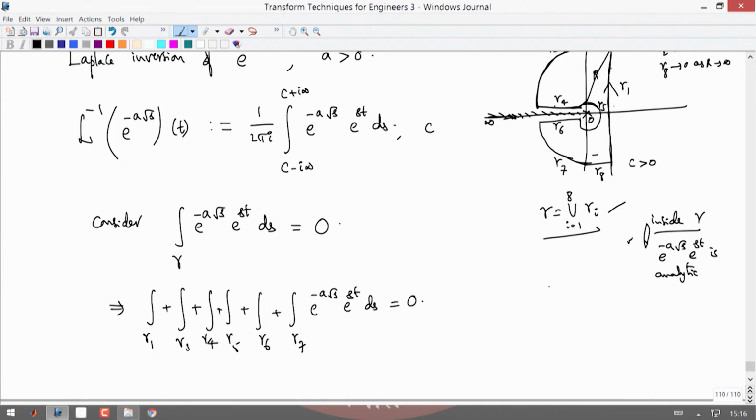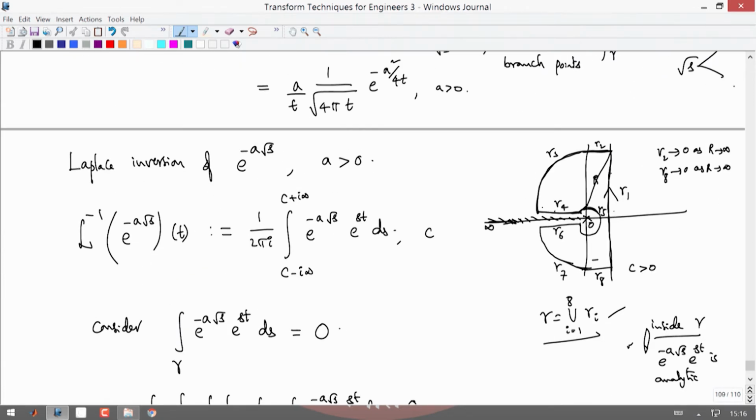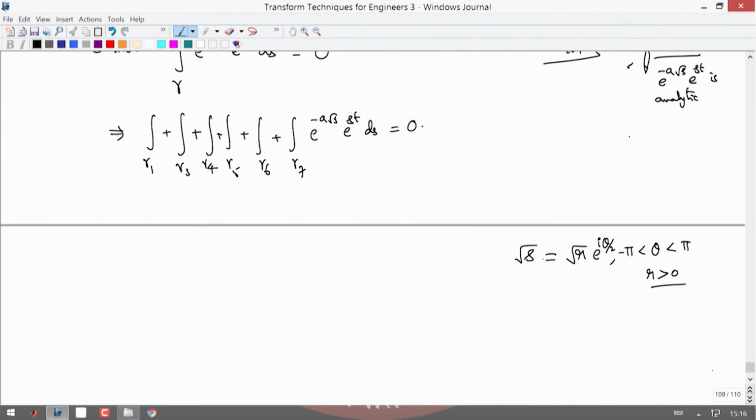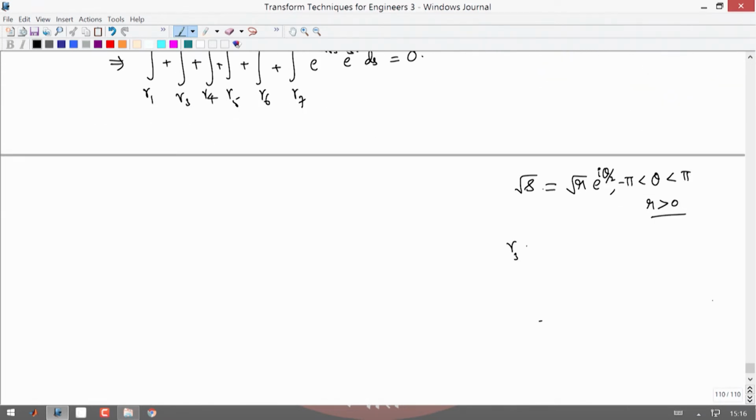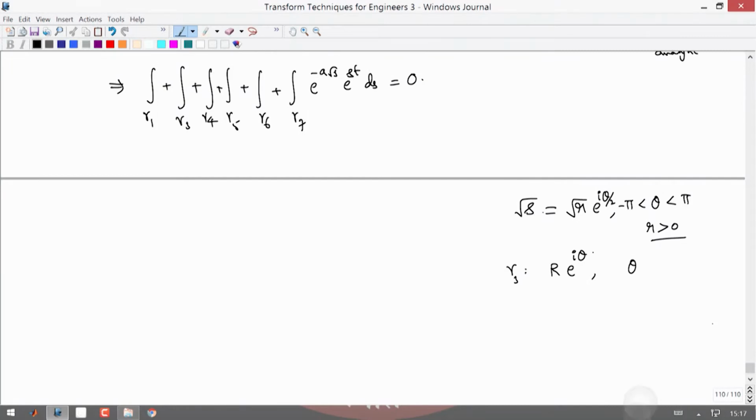Now, what happens if you look at this gamma 3? This is a circular arc. If you parameterize gamma 3, that is r times, with fixed capital R being that distance, e power I theta. What is theta? Theta is between pi by 2 and pi.